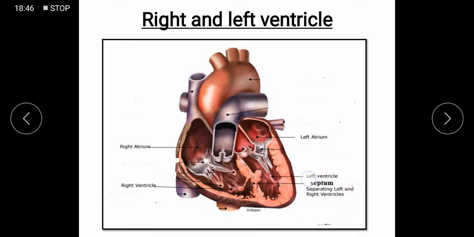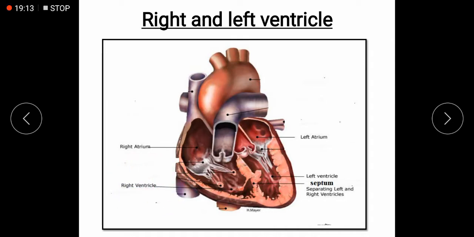The left ventricle is the part of the heart that is responsible for distributing the blood to all body parts, so it should be made up of more muscles in order to pump more and more blood. We need more pressure, more muscles, more contraction.